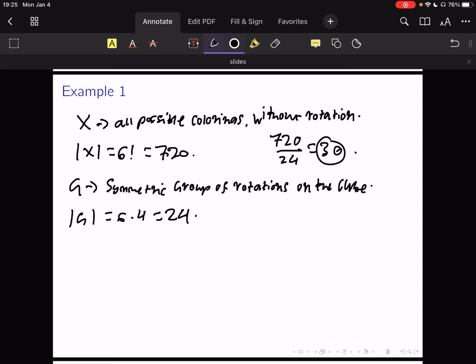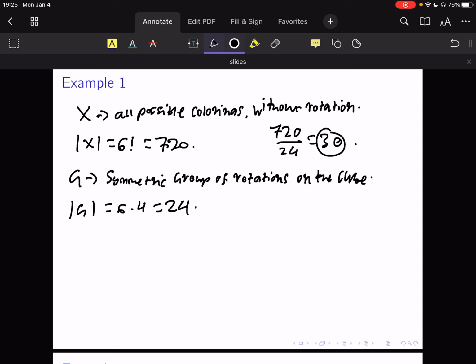And this is correct, but let's use the formalization of Burnside's to look at this problem. Since we have 6 different colors, the cube outputs a distinct coloring under rotation. So there are no fixed points other than when we don't rotate the cube at all.